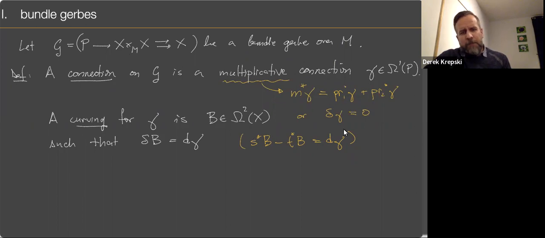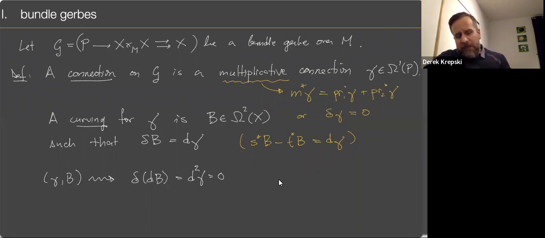Okay. And then finally, if you have both a connection and a curving, it's not hard to see that if you look at the exterior derivative of B, so dB, the delta of it is 0, and that turns out to mean that dB is in fact basic.